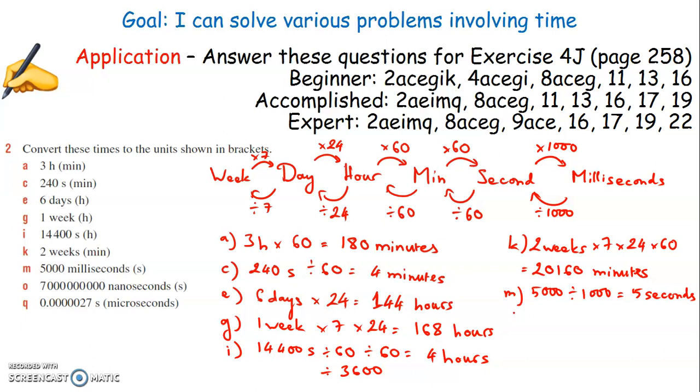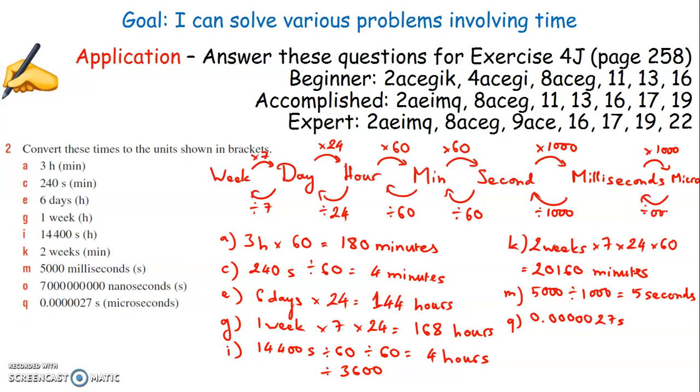Now we don't have to do question 2O, so I'm going to skip to question 2Q. So we have 0.0000027 seconds, and we want to change that to microseconds. So when we go to micro, 1 millisecond is 1,000 microseconds.